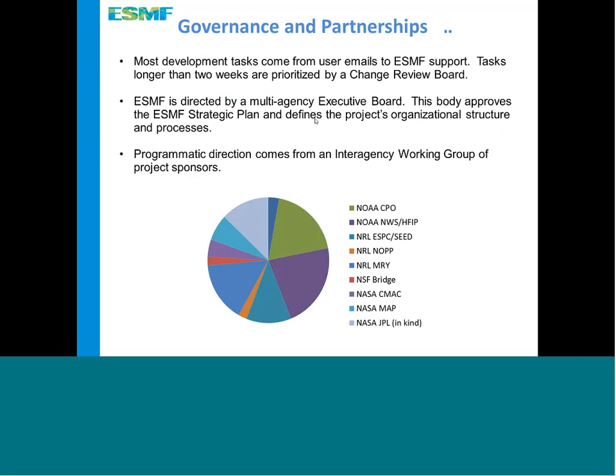Other pieces of the governance are an executive board of people who tend to be at the sort of director level, and we also have an interagency working group of project sponsors. So this is the funding breakdown. It's a very diverse set of funding sources from NOAA, from Navy, from NSF, and from NASA.